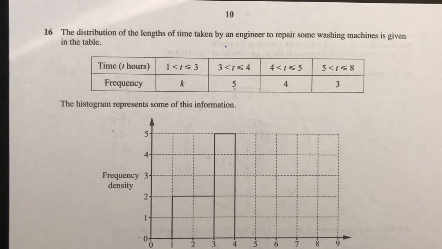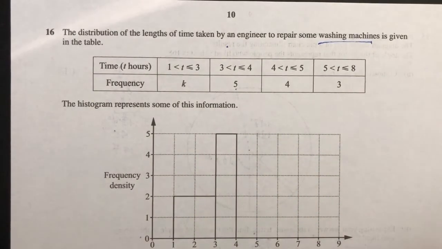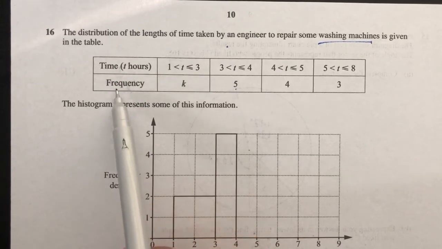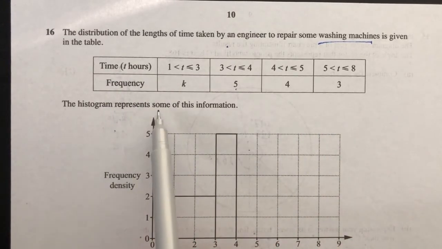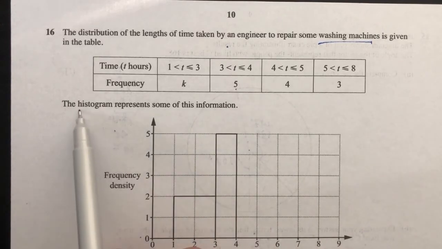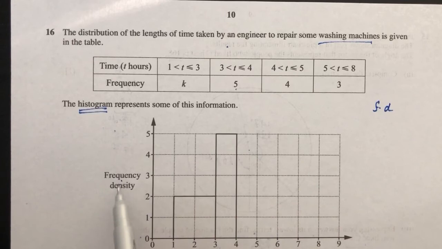Question number 16. The distribution of length of time taken by an engineer to repair some washing machines is given in a table. So we have time t and frequency in this table. The histogram represents some information. So whenever you see a histogram, we have to find the frequency density, which is equal to frequency divided by class width.